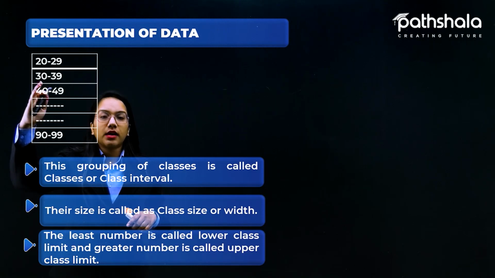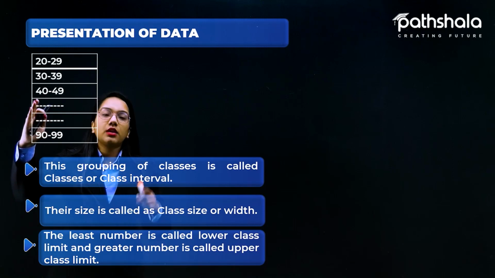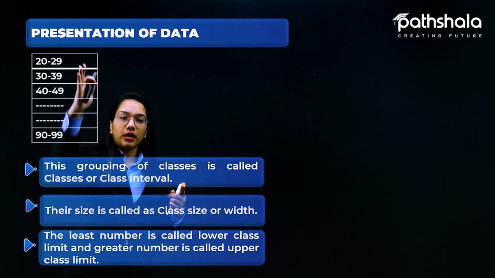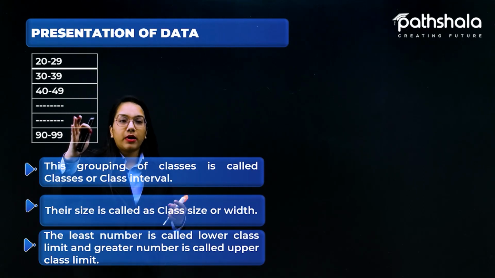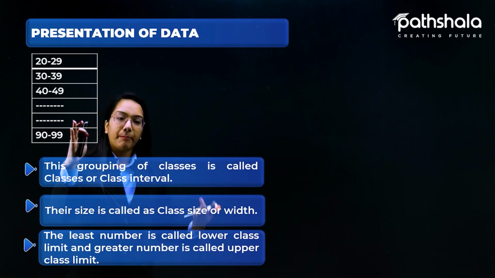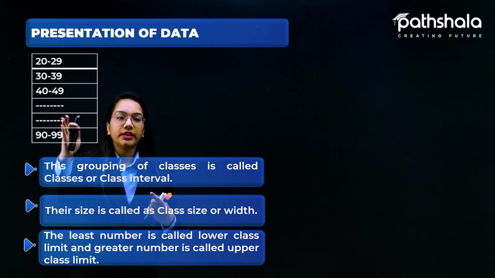Similarly, 30 is the lower class limit, 39 is the upper class limit. 40 is the lower class limit, 49 is the upper class limit. So always remember, in class intervals we have two types of limits, a lower limit and an upper limit. The lower limit is the least number and the upper limit is the greater number in these intervals.